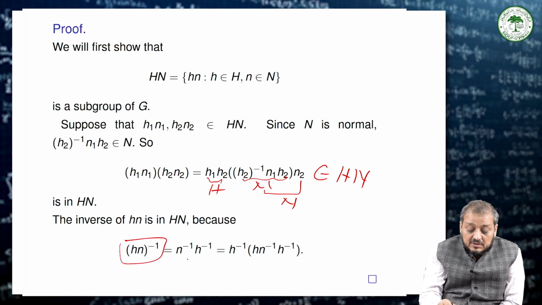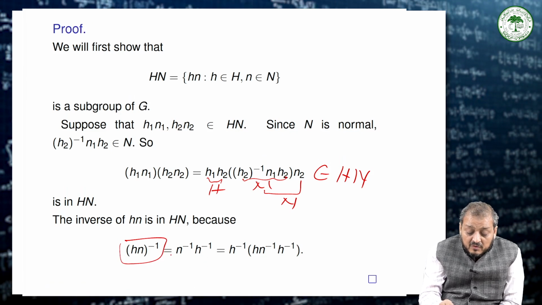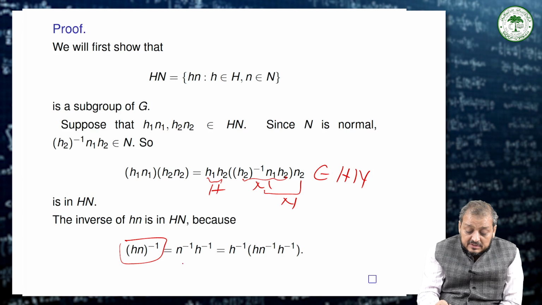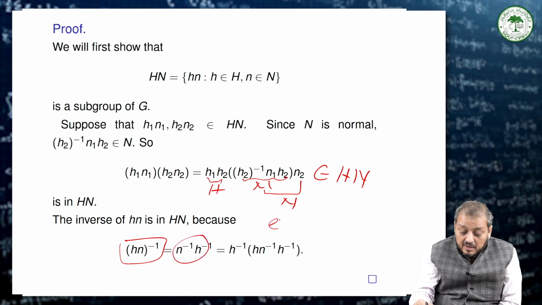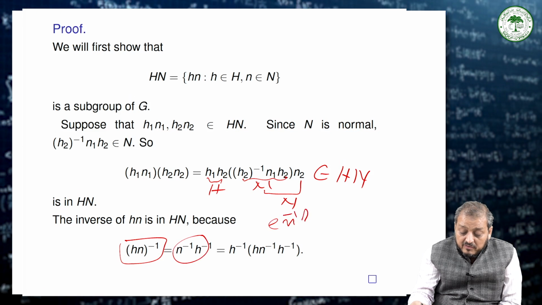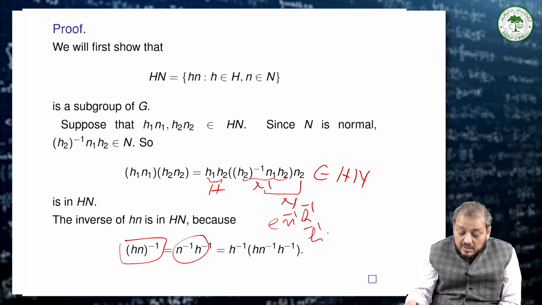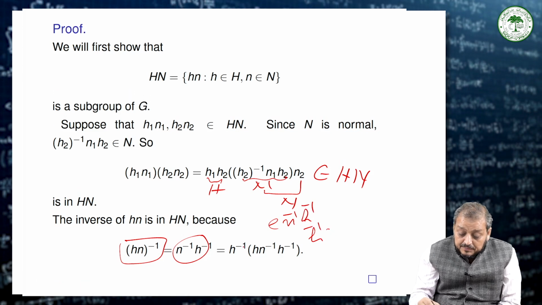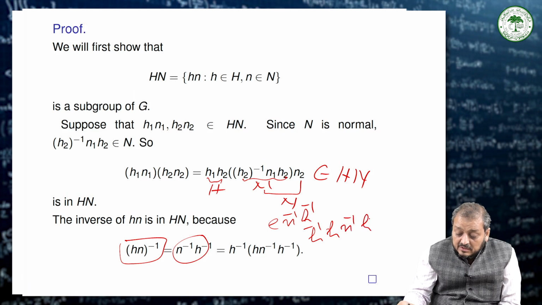Now the inverse of this we can write in the form of hn whole inverse, which is n inverse h inverse, and now again we use the property of this. We write e times n inverse h inverse, and in place of e we write h inverse h, and then you have n inverse, and then h inverse.